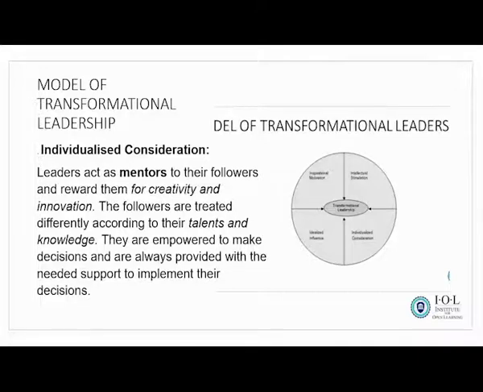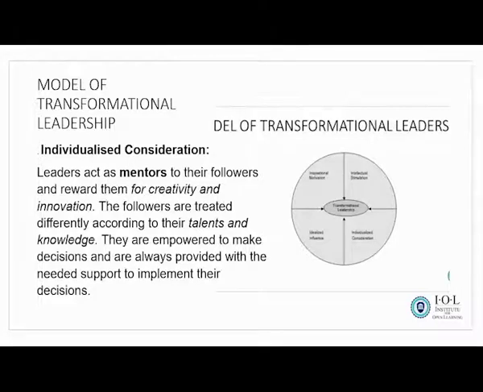Such leaders act as mentors to their followers, and they reward them for their creativity and innovation. So in other words, they encourage people to think outside the box, and those that come forward with new ideas, creativity, and innovation are rewarded for that.